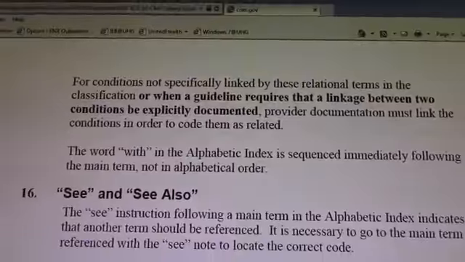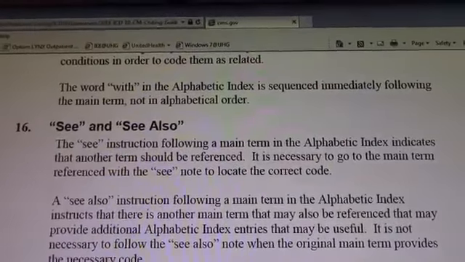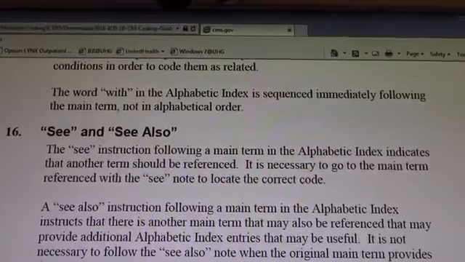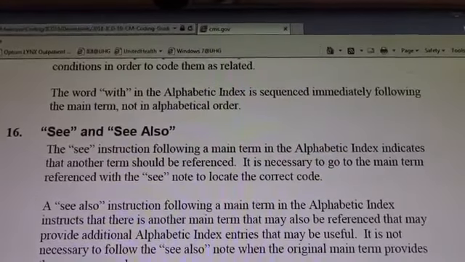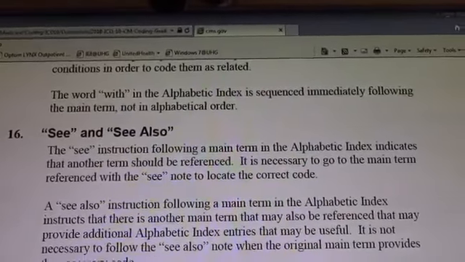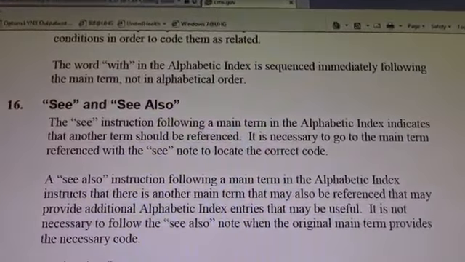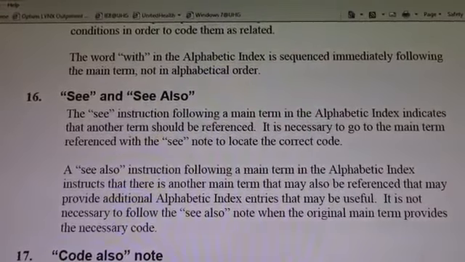Now look at "see" and "see also." The "see" instruction, following a main term in the alphabetic index, indicates that another term should be referenced. So it's necessary to go to the main term referenced for the "see" note to locate the correct code. So when I'm in my alphabetic index and I see a "see" note, I go where that direction tells me to go.